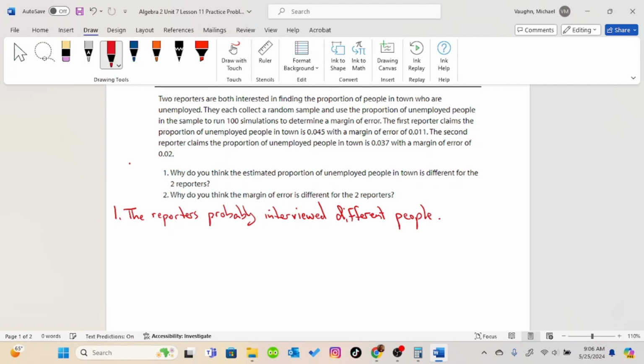This would cause a difference in the mean result.